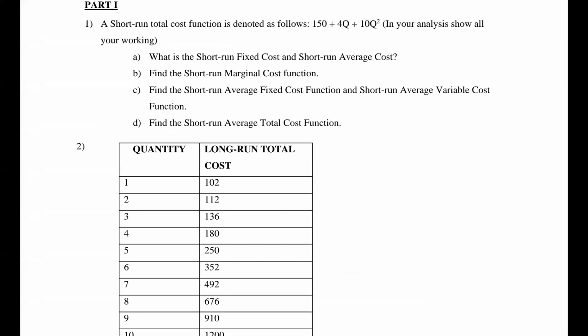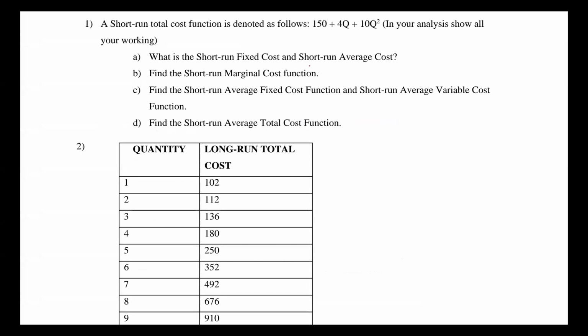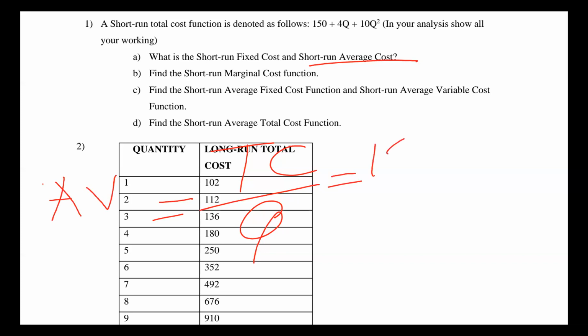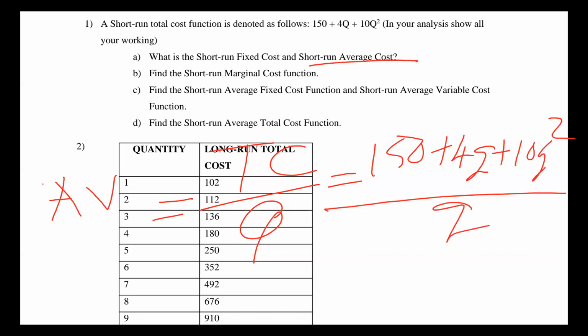Then I did say that when you're finding the short run average cost, it is found by saying total cost divided by the level of output. So that will give you the average cost. And this shall equal the total cost, 150 plus 4Q plus 10Q squared, and you divide through by Q. This Q we have divided here is for everything: for 150, for 4Q, and for 10Q squared.